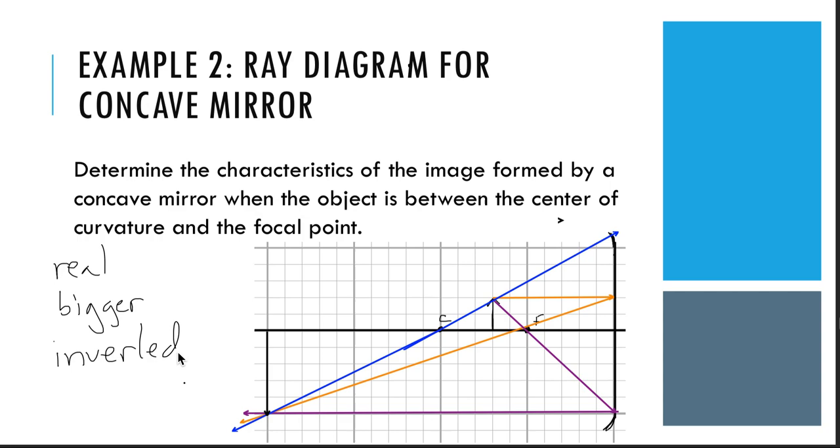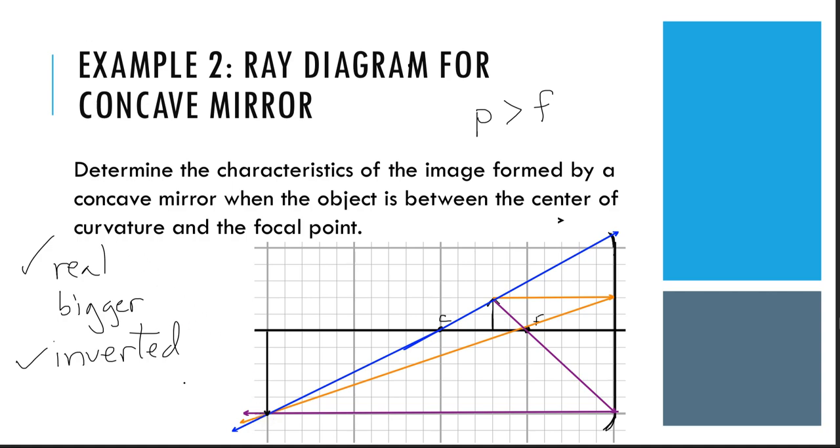So the reason for this example is because we saw earlier, we were told that when the object distance p is greater than f for a concave mirror, the image was always going to be real and inverted, but sometimes it was smaller than the object, sometimes it was bigger. So it's smaller if the object is further than the center of curvature. But if the object is between the focal point and the center of curvature, you can see here that it forms a bigger image.